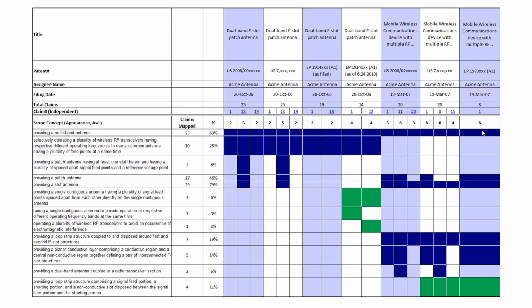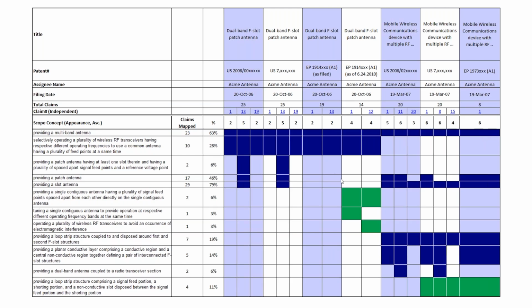So if you are able to avoid using a multiband antenna, you can then knock out all of those. The next one down is selectively operating a plurality of, et cetera. That is actually a claim fragment. So we can see how that's universally used language in all of the family members, both European and U.S.